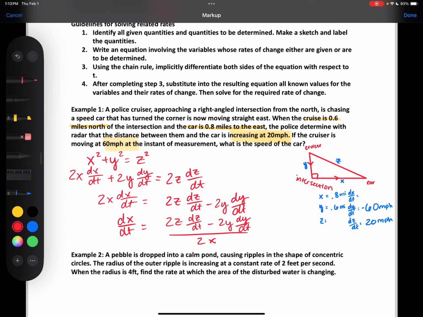Now, we didn't have z. Z wasn't given to us, but can we find z? Yeah, we can, using the Pythagorean theorem.